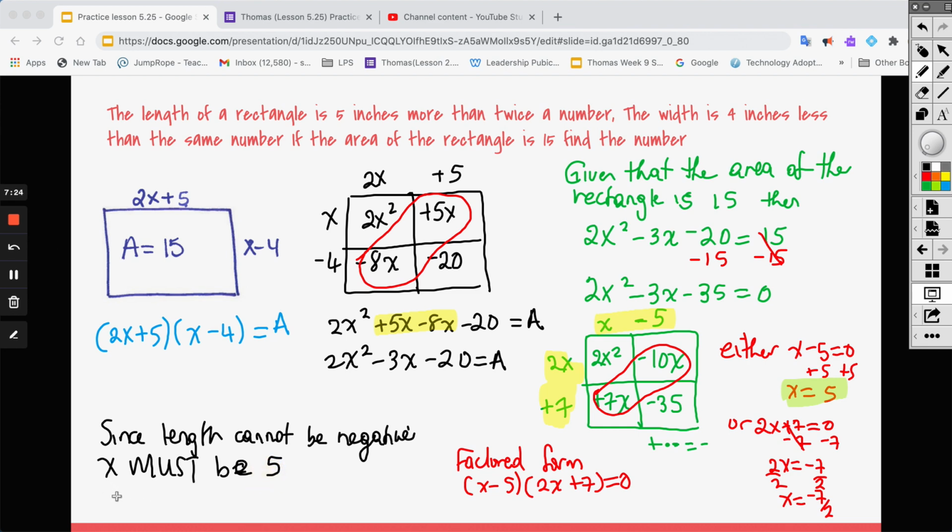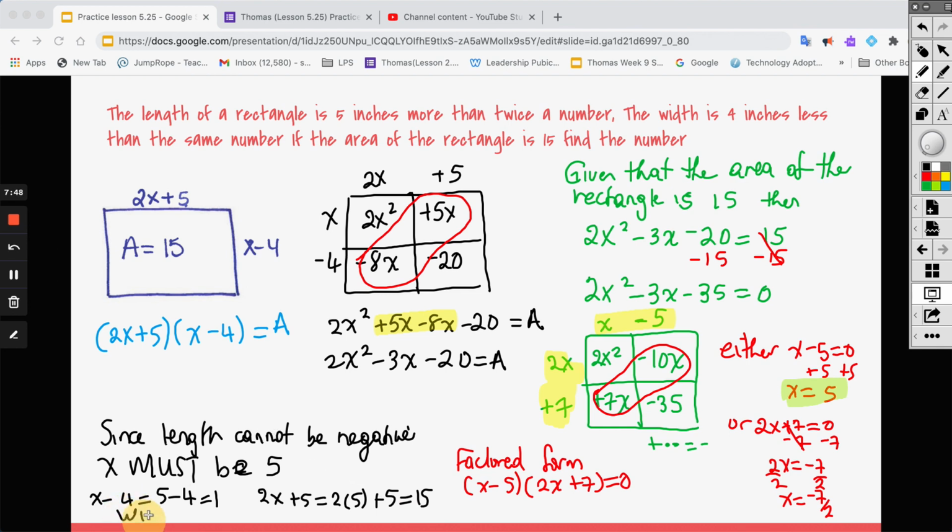So one side, x minus 4, is going to be 5 minus 4, which is equal to 1. And then the other side, 2x plus 5 is going to be 2 times 5 plus 5, which is equal to 15.